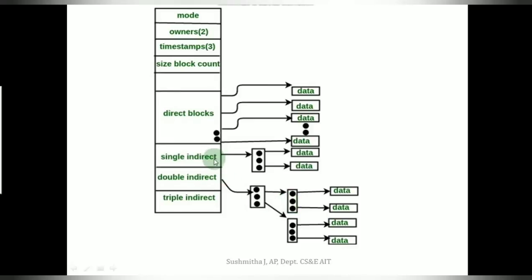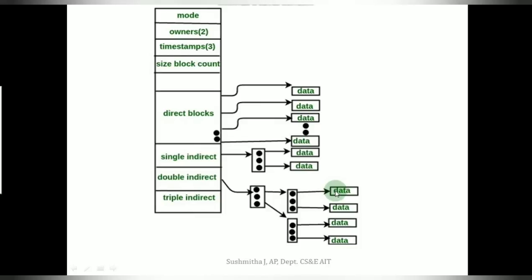So you can see here, it is going at, here it is directly you get the data. Here it is taking to a block which has the address and then to the data. When it is double indirect, address and again address and then data. So it is a combined scheme of your directory structure and your multi-level. So you can see here the indirect is nothing but similar to your multi-level.